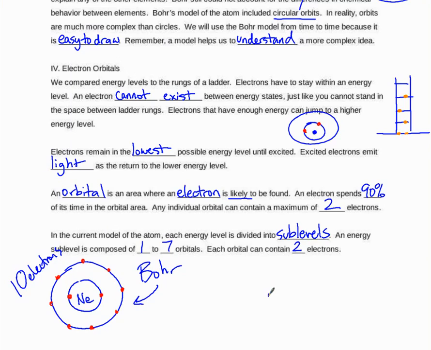So let's say that here's the nucleus, there's my neon, and it still has 10 electrons, but it's got energy levels and sublevels. So in the first energy level, let's use orange. I've got this place where I can have 2 electrons. So here's kind of this sphere, this ball-shaped area where I could find 2 electrons.